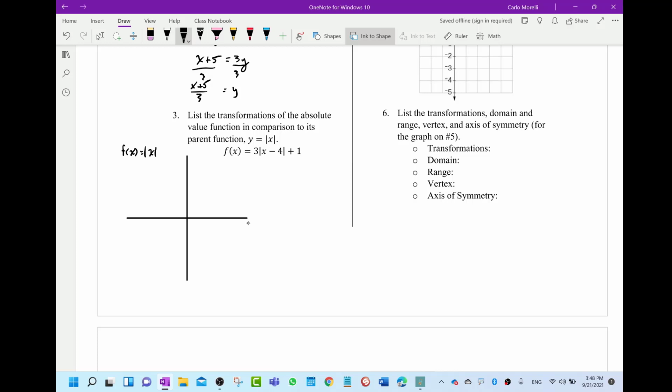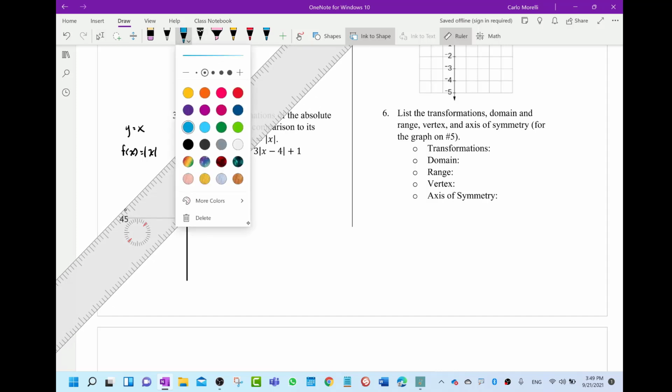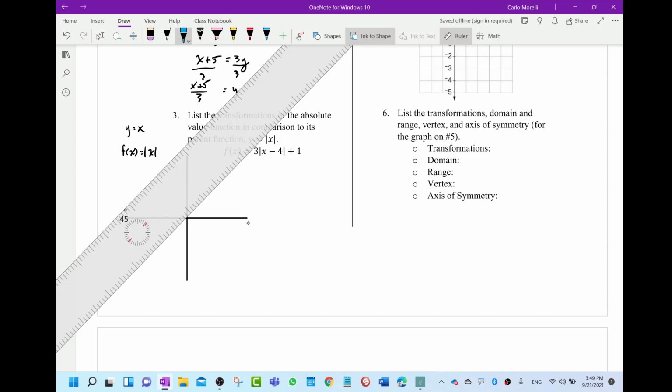Okay? So what's really going on here is you have the equation y equals x, right? So I'm going to plot that real quick and show you how we get the parent absolute value function. I'm going to draw just a 45-degree angle passing through the origin.